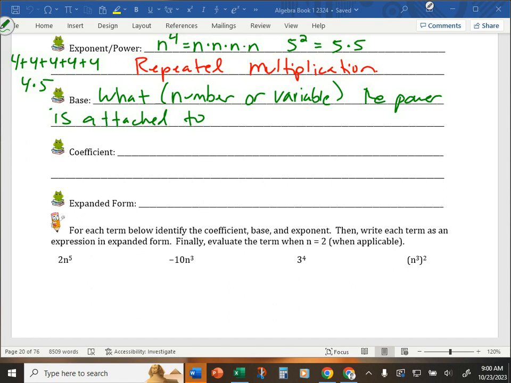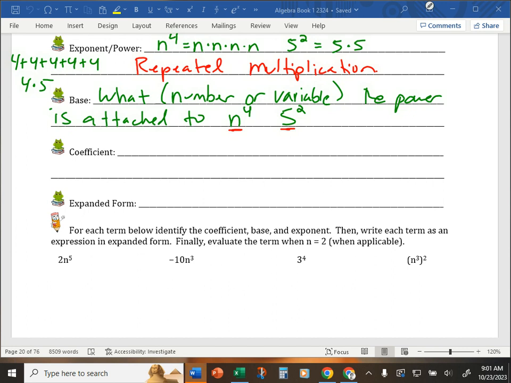I was once told that my alphabet has like 250 letters in it because I combine a lot of letters to make one letter. For example, in our above expression n to the fourth, what is the base there? The n. That's what the power is attached to. In our other example, 5 squared, what is the base there? It is the 5. The base can be a number, it can be a variable, but it's what is being multiplied repeatedly.